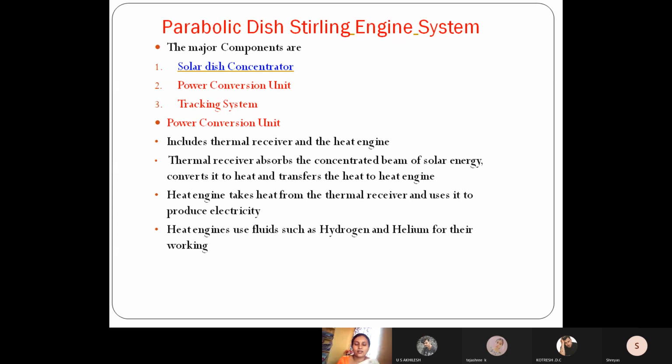This is a solar parabolic dish system that generates electricity from a central power converter, collecting the sunlight from individual receivers.